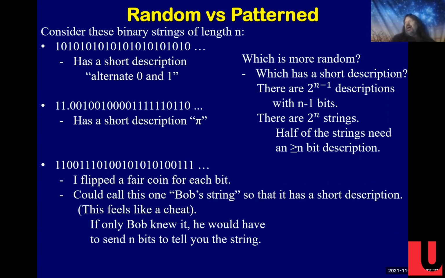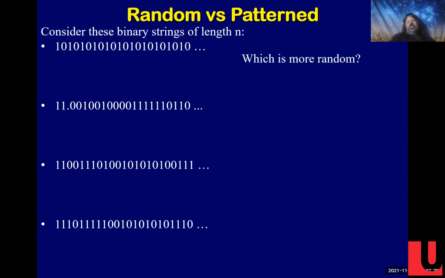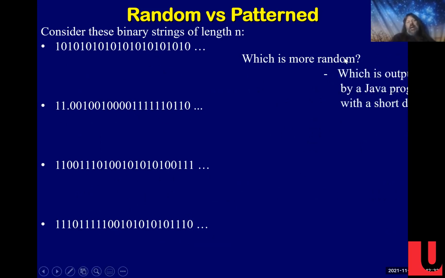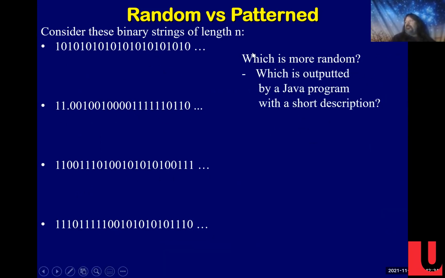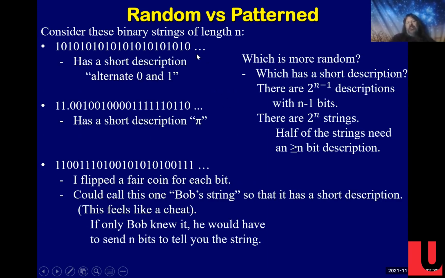That's just a law of communication complexity. Does that make sense? So we can say which one's more random. Back here, this one's not so random because it has a finite description, and this one's random because it seems to need an infinite description.